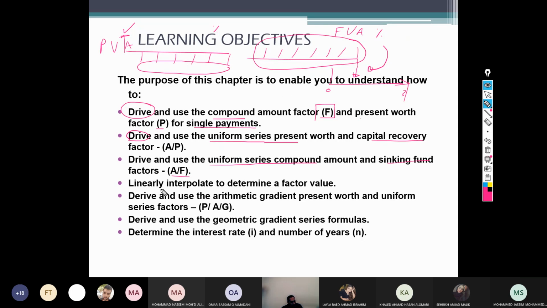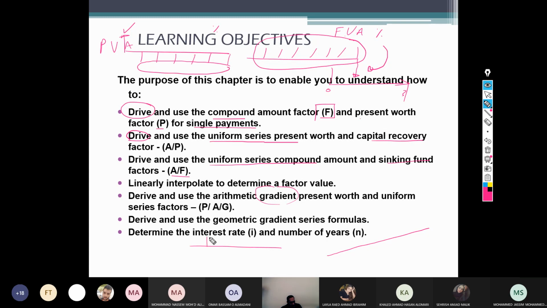Then we're going to speak about linear interpolation. And as you can see, we're going to follow up with different things whenever we have a geometric gradient. So what if my payments are increasing? And salary, okay, what's happening to my salary?